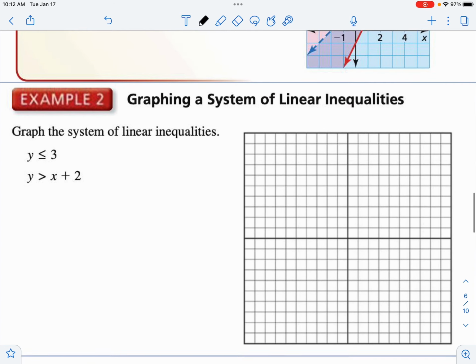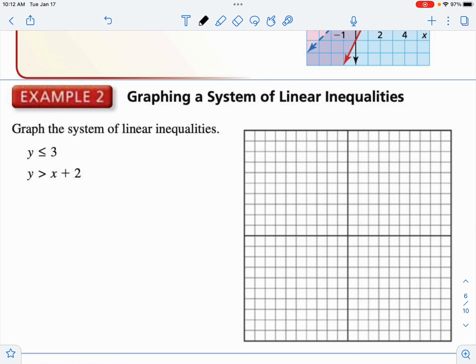So first example, graph the system of linear inequalities. I'm going to use two colors. I'll do the first one in black. So just like with regular inequalities, you want to graph the boundary line first. So for this one, we know that it's going to be a solid line. And let's start by graphing y equals 3. So if we graph y equals 3, that's a horizontal line.